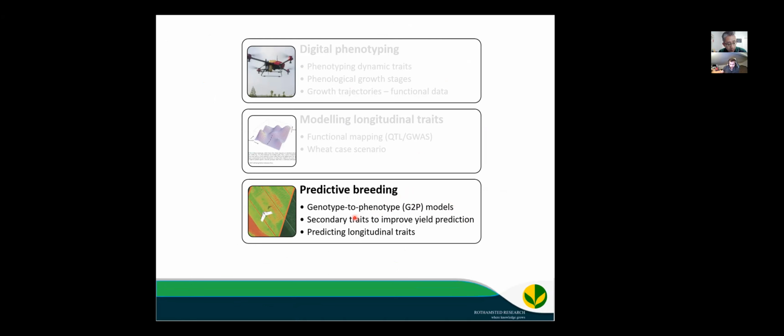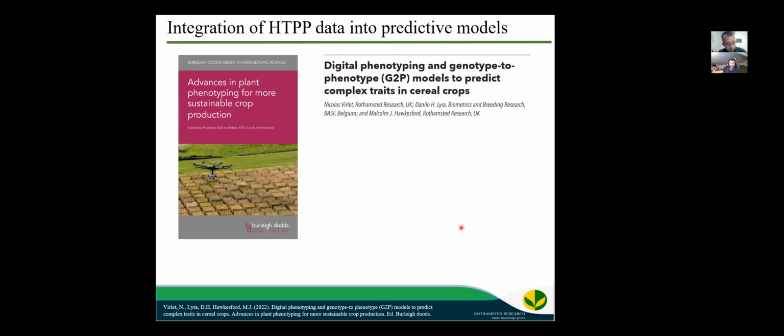What they're trying to do is incorporate secondary traits to improve yield prediction, as the primary trait is yield. And also, if you have longitudinal traits, how can you do it? Let's say I have plant height, how is it possible to increase the predictive ability with these longitudinal traits or not? And just to mention some pictures from a chapter that's coming next month, I guess.